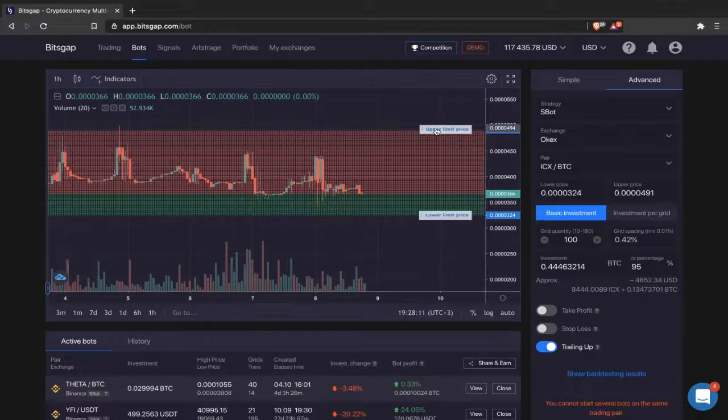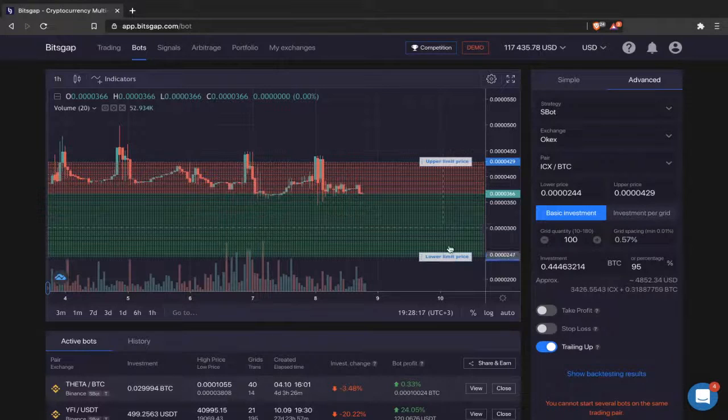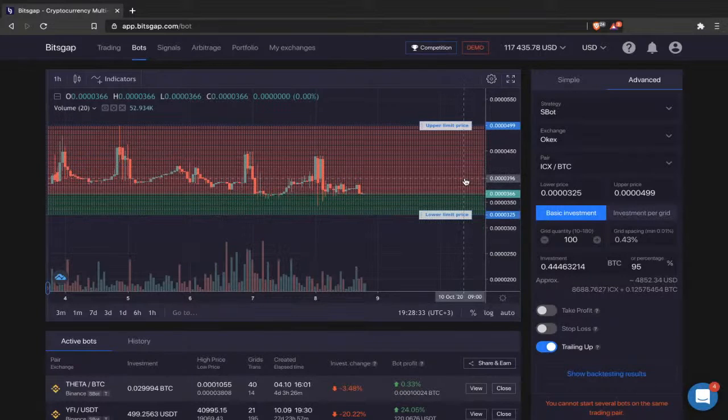But what's going to happen if I change the trading range? Then you see, let's make a wider buy zone. You will find that now I must possess more of the quote currency, and that's almost 70%, and fewer of the base currency. So that's the way you manipulate the trading range.